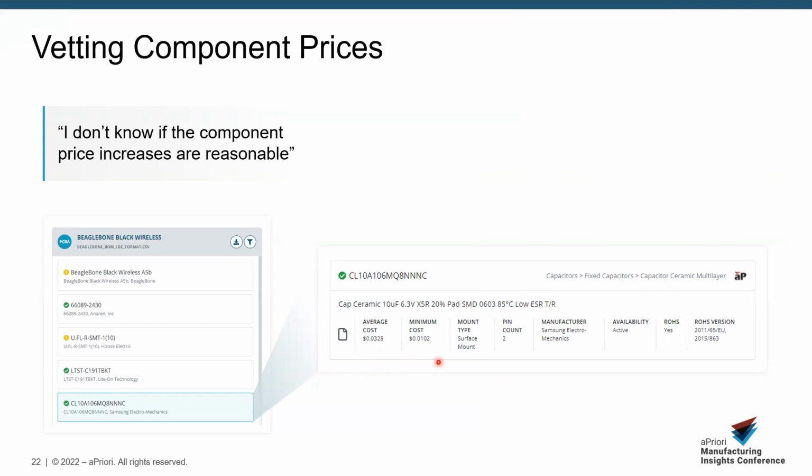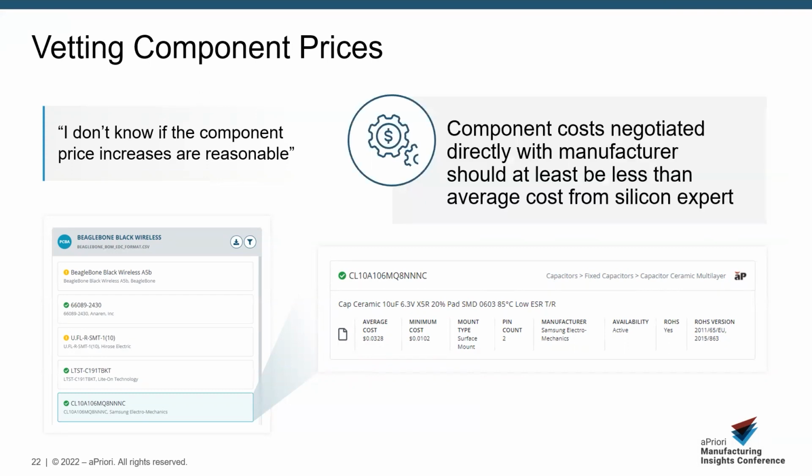And I think in my experience, a fair rule of thumb is if your supplier or contract manufacturer is getting components directly from a component manufacturer, they're negotiating with them directly, then the price that they pay should at least be less than the average Silicon Expert cost.